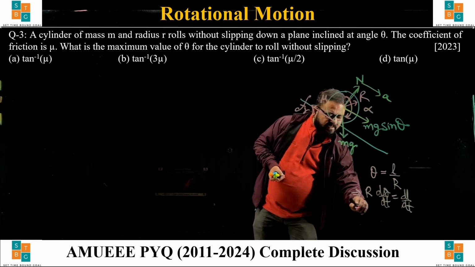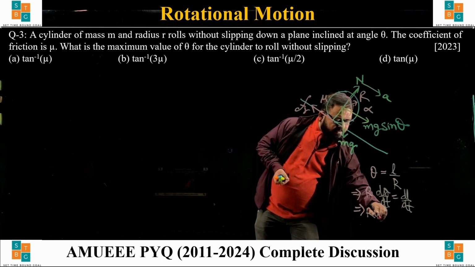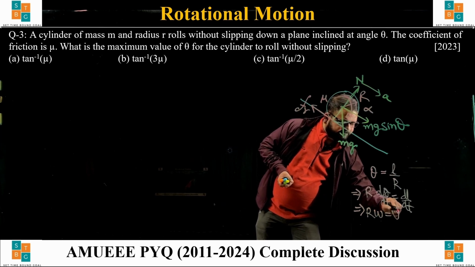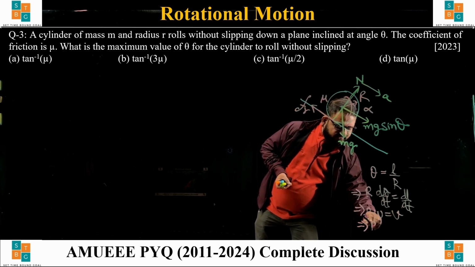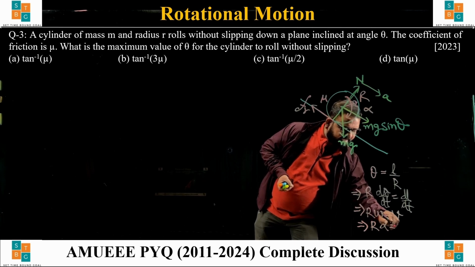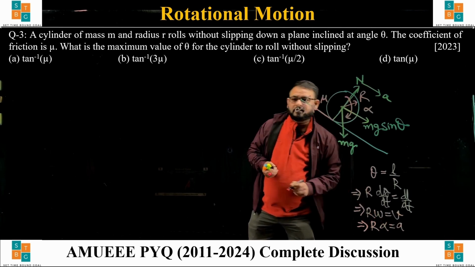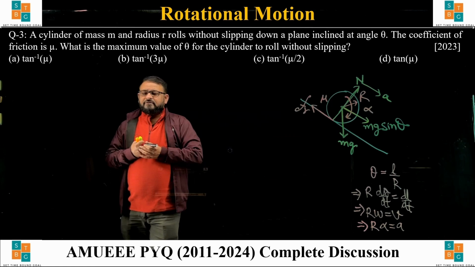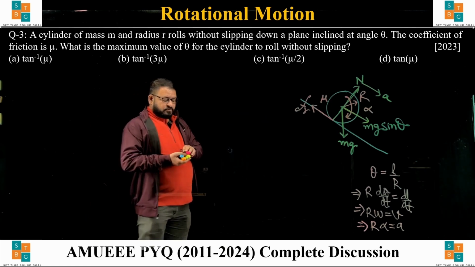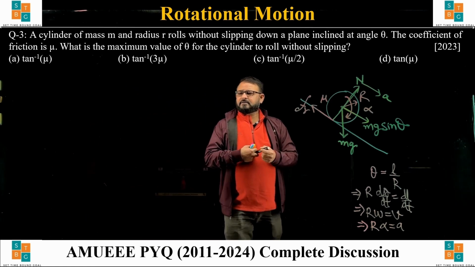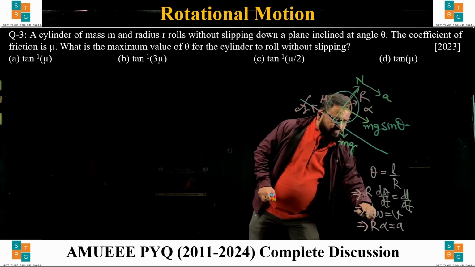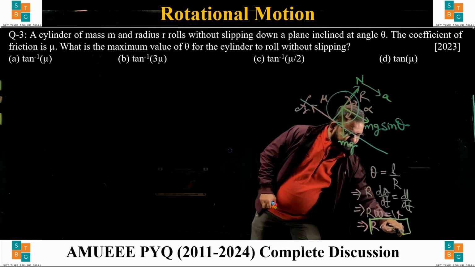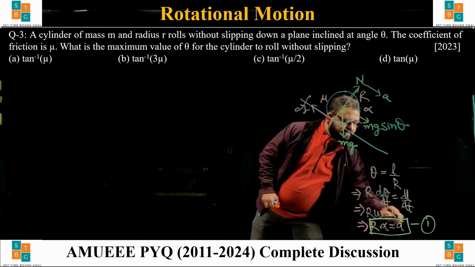From this we get r omega is v, and if we take one more derivative we get r alpha is a. Now in this question we have been asked what should be the maximum angle for the cylinder to roll pure. So the first condition is this, because it is pure rolling, our condition 1.